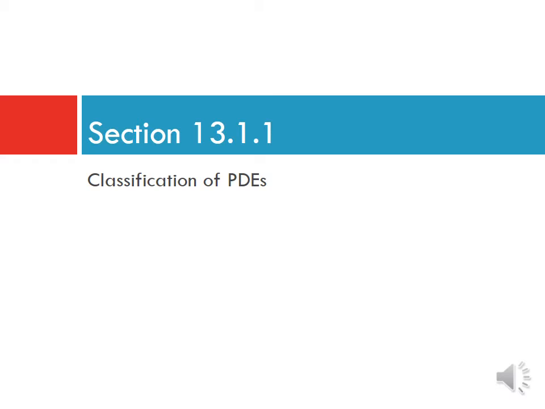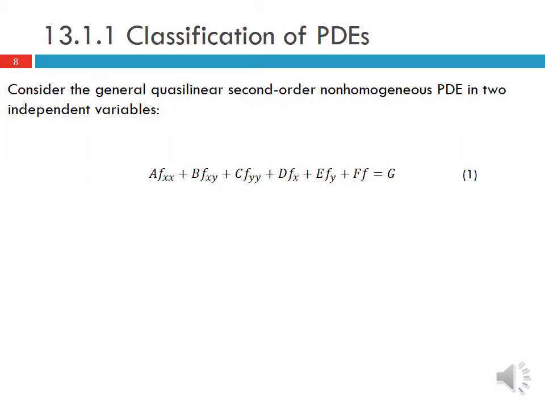Let's talk about classification of PDEs. Let's consider the general quasi-linear second-order non-homogeneous PDE in two independent variables. Quasi-linear means that it's linear in the highest order derivative.